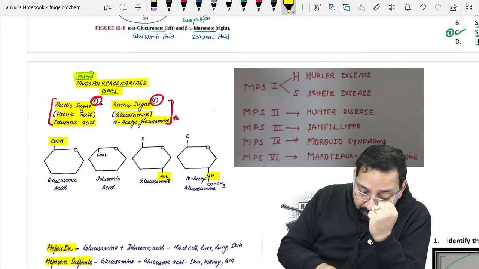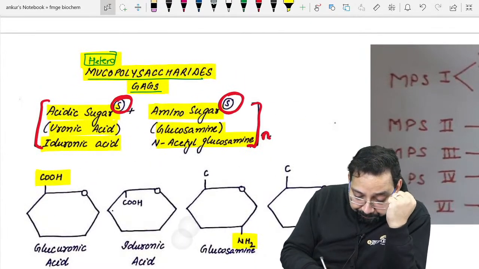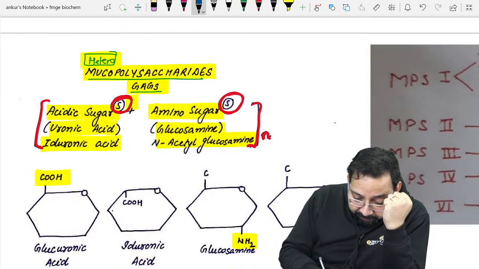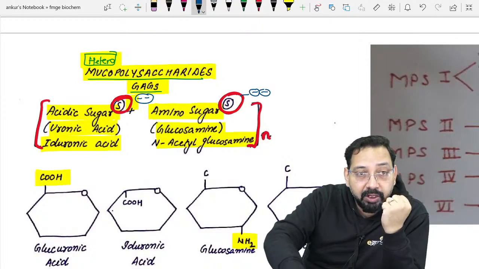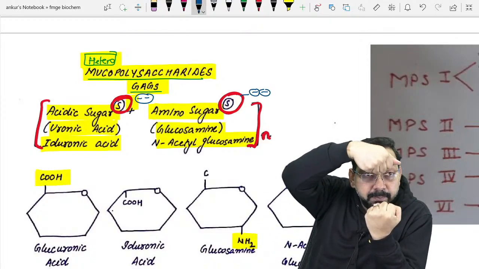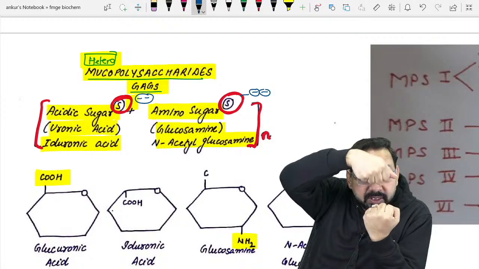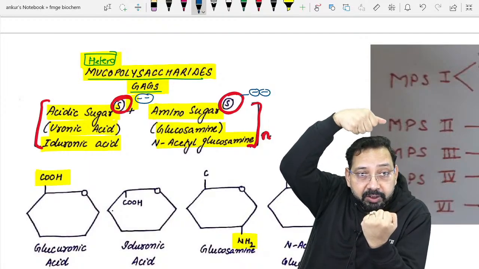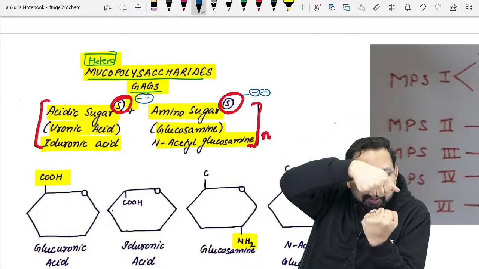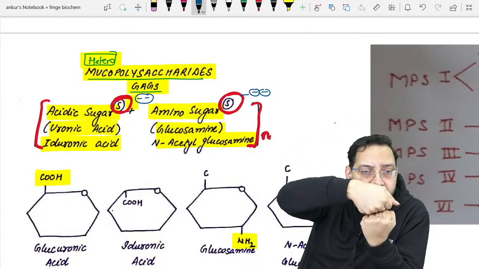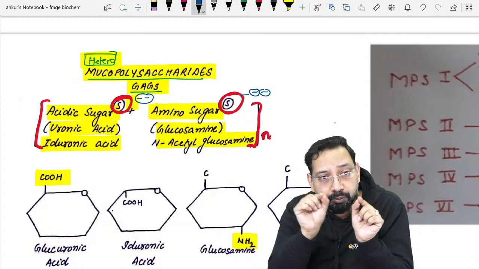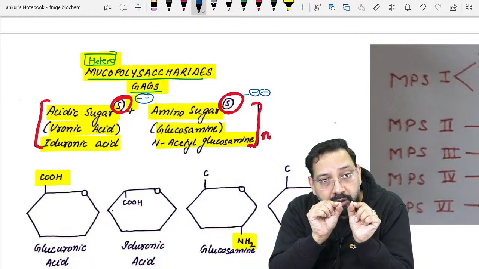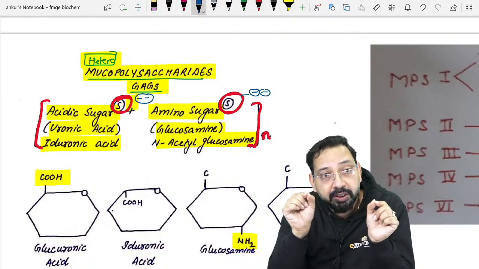They have which group? Sulfate group. And sulfate is having negative charge. Due to the negative charge they repel each other. If pressure comes and the bones want to strike, you know the rule: when two negative charges come closer, the force increases exponentially.